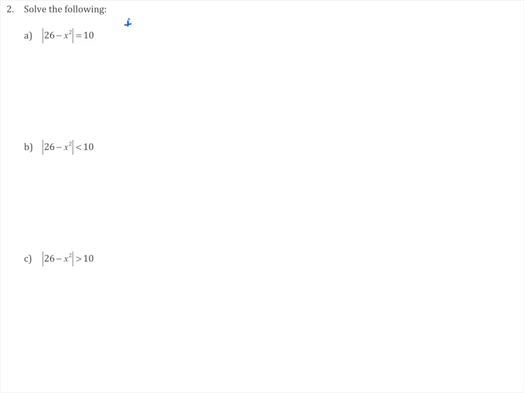So for part A, the positive case will give me 26 minus x squared equals 10. If I plus x squared to get it over to the other side, and minus 10 brings it back there, so x is going to equal plus or minus the square root of 16, which is 4. Let's look at the negative case.